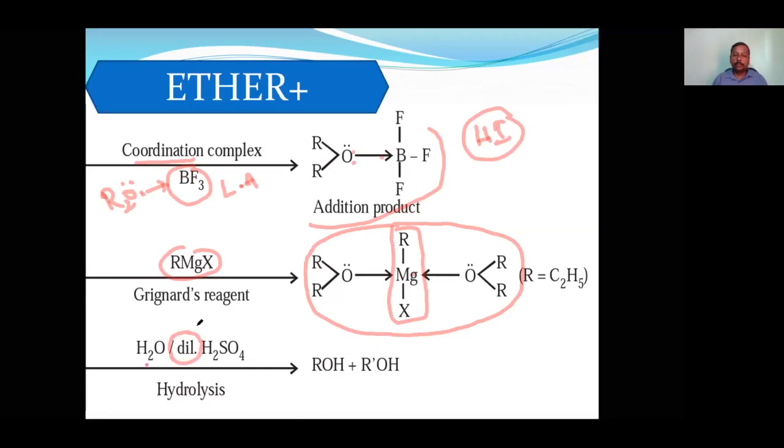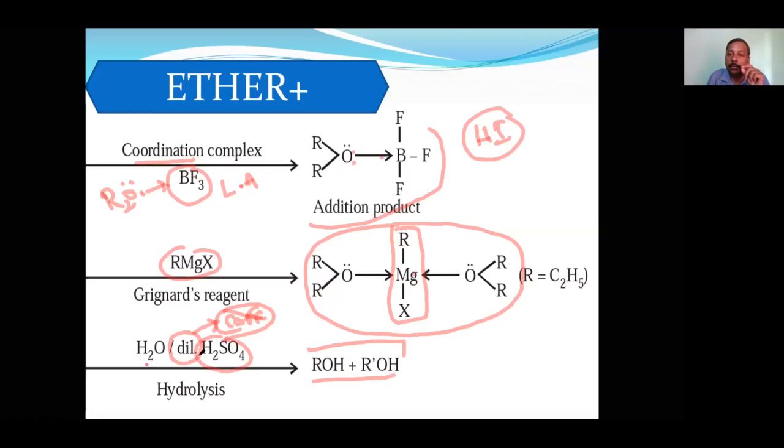And see here, this is the magic of chemistry. If I write concentrated, that is removing. But if I write dilute, that is adding, and we are getting back our alcohol. That is from where we prepared it. But that time the sulfuric acid was concentrated; now the sulfuric acid is dilute.